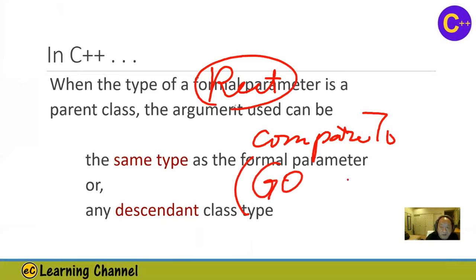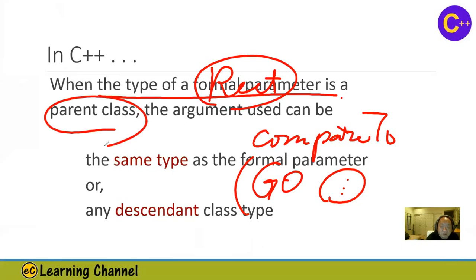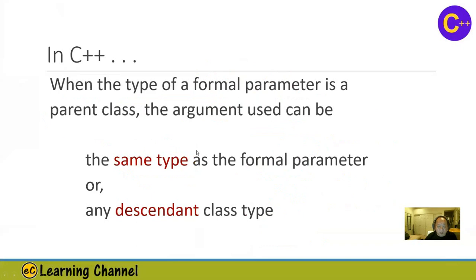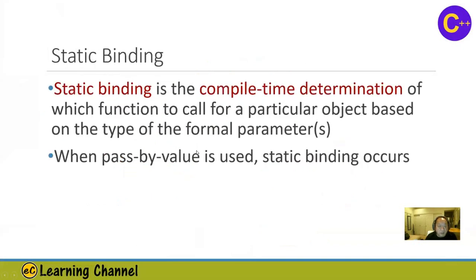So a rectangle can always be compared to a geometric object, right? So this is called the type of the parameter is a parent class. The argument can be the same type, so it can be a geometrical type or a derived one. So your rectangle compared to here, you can put rectangle, you can put circle, you can put square. Is that okay? So that you can do comparison to them. And maybe you write an area or something.